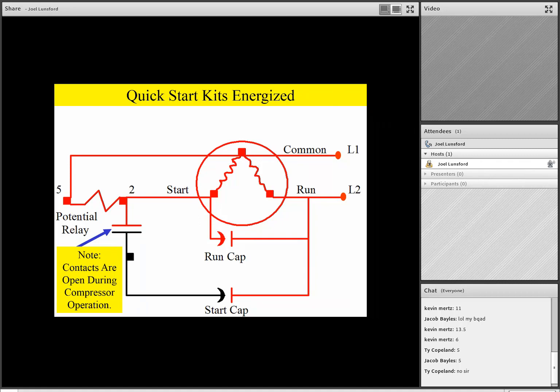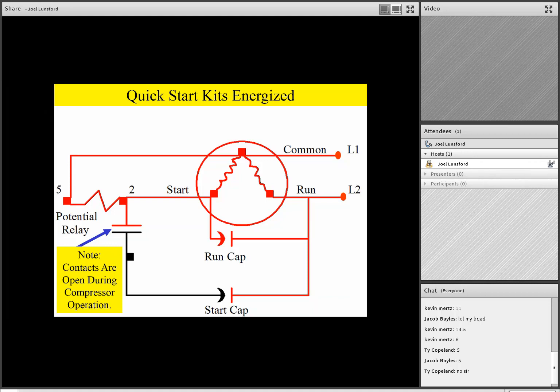Now, this is important. After the compressor starts, we have to remove the start capacitor from the circuit, because if we don't, it can overheat the compressor, it can burn up the start winding, or cause other electrical damage. In addition, it should be noted, the start capacitor is not rated to stay in the circuit all the time. If you'll notice the voltage rating on the start capacitor, it may be as low as 200 or 250 volt AC.